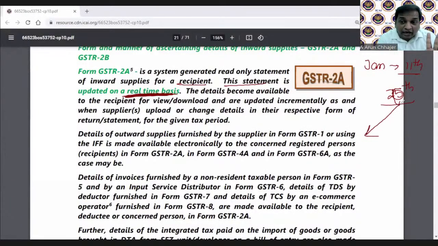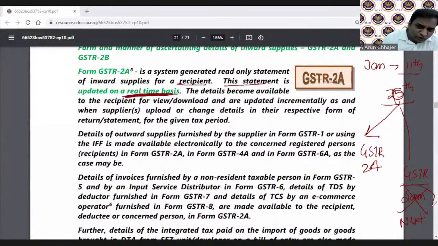The same would appear in my GSTR 2A on real-time basis of the same month of January. In the GSTR 2B, it will not appear in the same month. It will appear in the next month. Try to understand this difference.